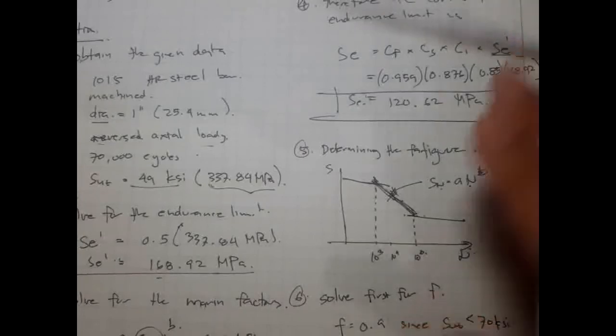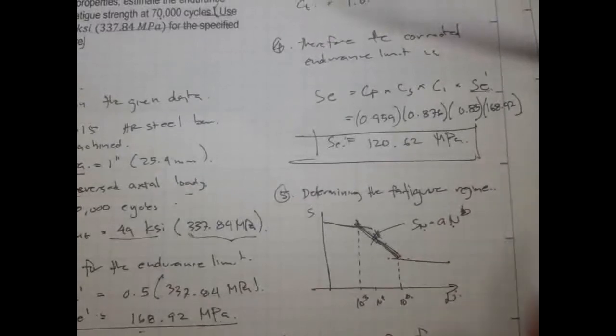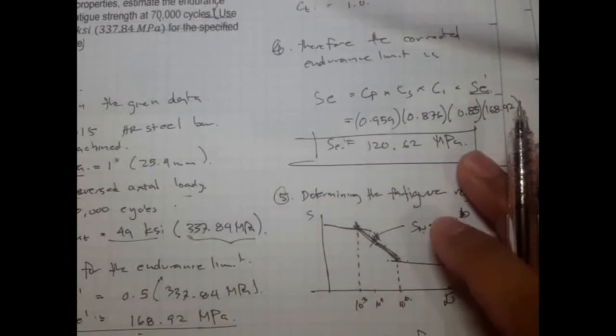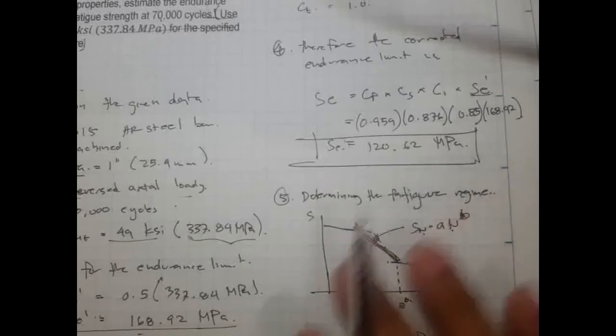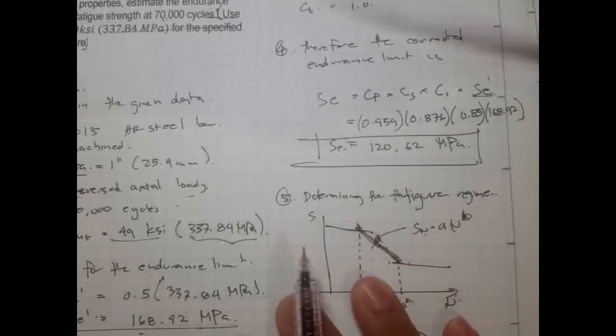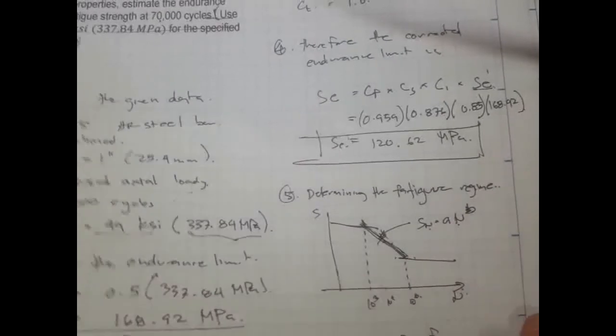The analysis of fluctuating stress is different from the ones we did here, and I think that will fall under our topic on failure theories. So that's why we'll just stop with fully reversed stress.